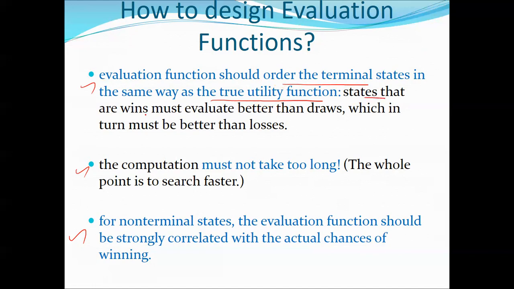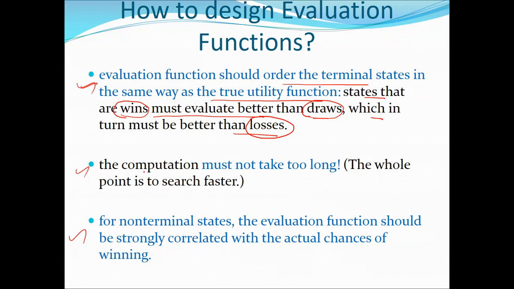That is, states that are wins must evaluate better than draws, which in turn are better than losses. So this differentiation should be visible explicitly so that the algorithm will take the right path. If this difference is not specified properly, the algorithm may not be able to differentiate between a winning move and a losing move. So this is the first criterion.